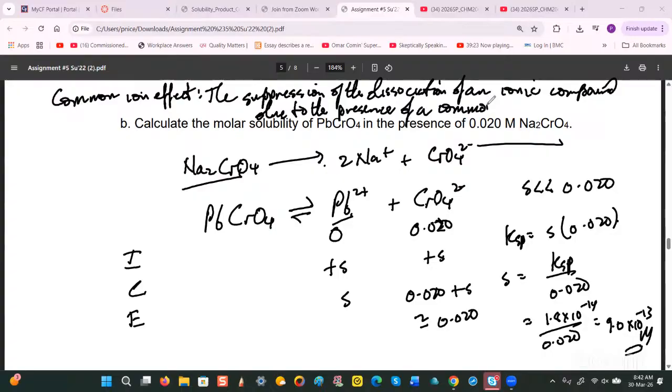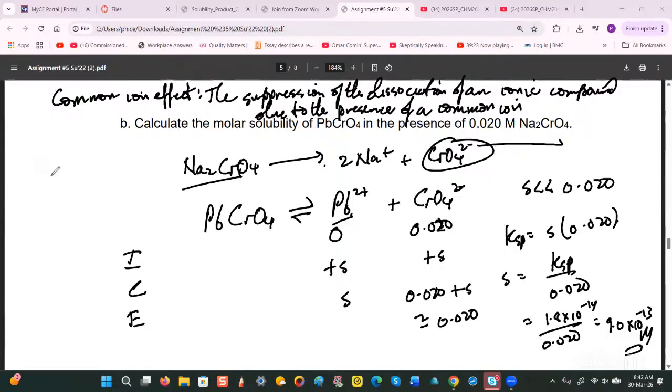All right? So what we're saying here is that because the chromate ion was present before we added the lead 2 chromate, that reduces the solubility of the lead 2 chromate. So the solubility of lead 2 chromate in this solution is 9.0 times 10 to the minus 13.